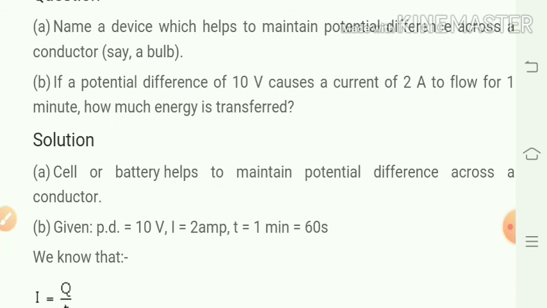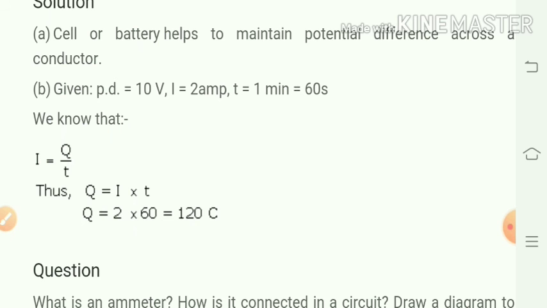Name the device which helps to maintain potential difference across a conductor. If potential difference of 10 volt causes a current of 2 ampere to flow for 1 minute, how much energy is transferred? The given cell, it may be a storage cell or battery, helps to maintain potential difference across a conductor.